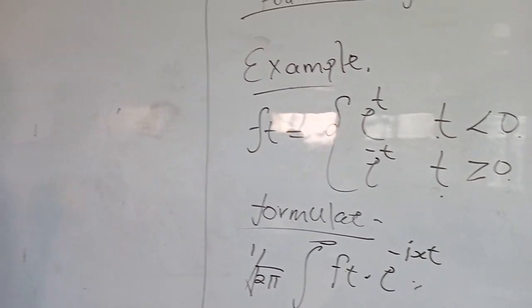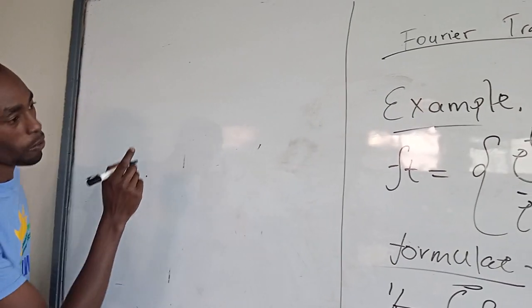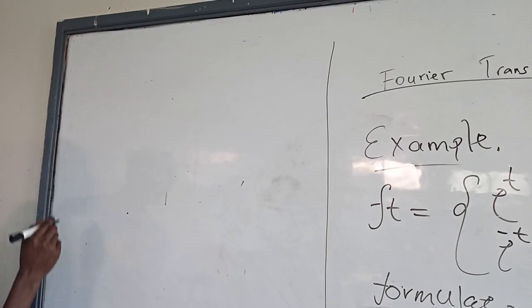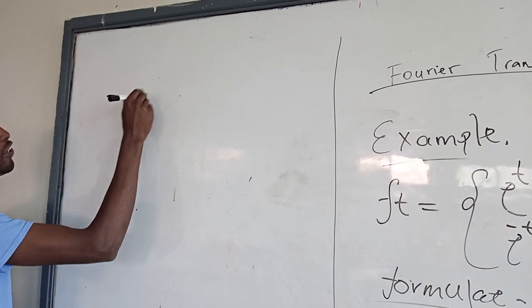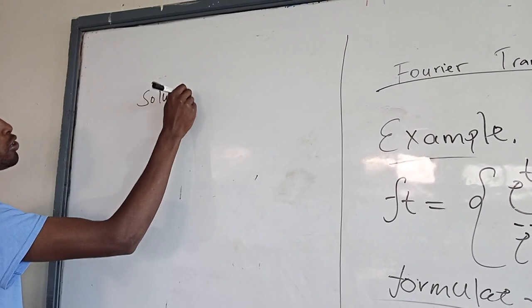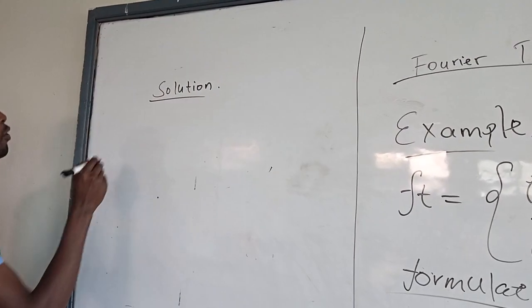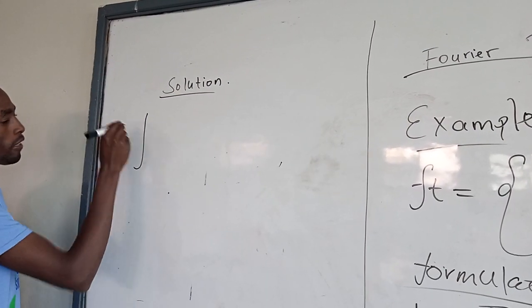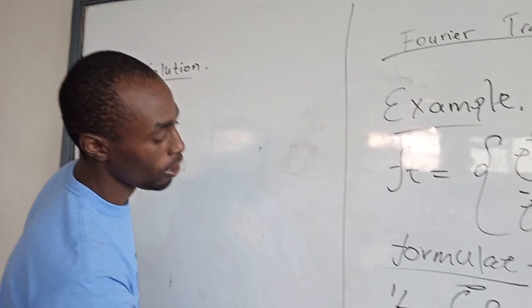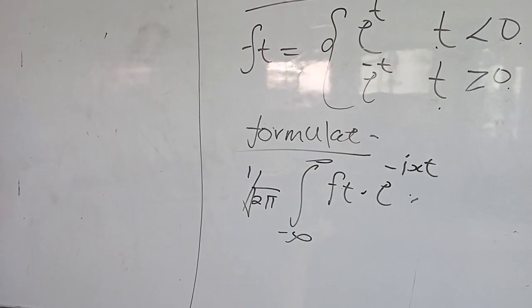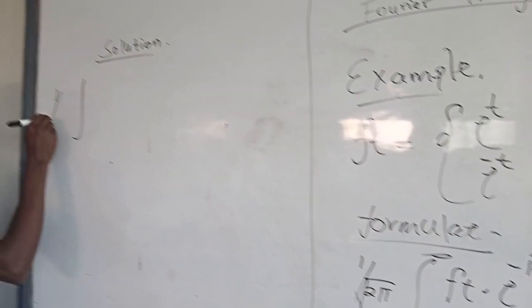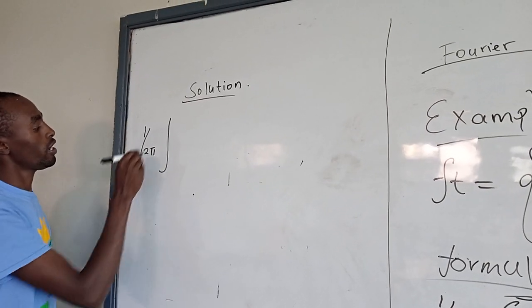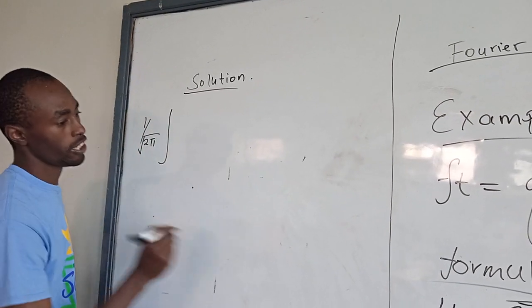So, having that in mind, we are going to our solution. We are going to integrate from our formula. This is our formula, so it will not change. So you are going to have 1 over the root of 2 pi.